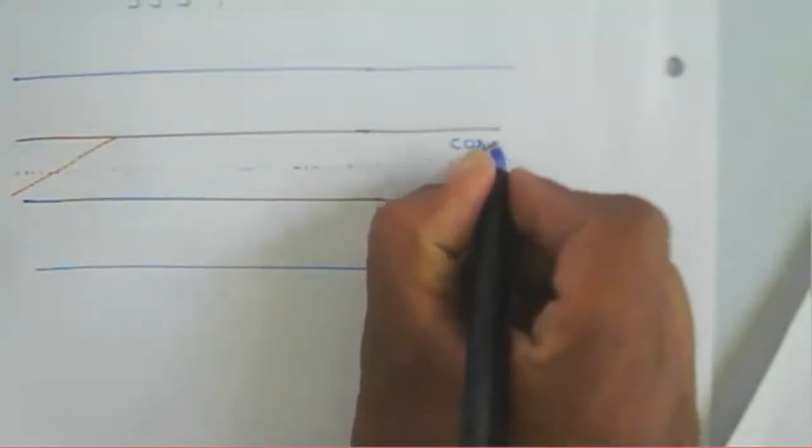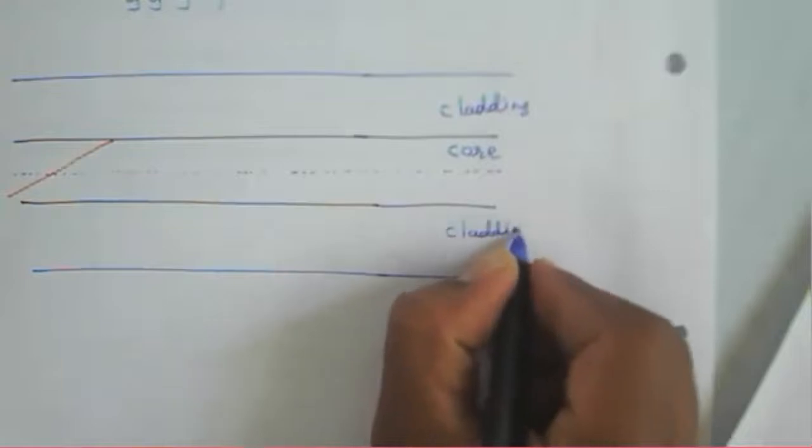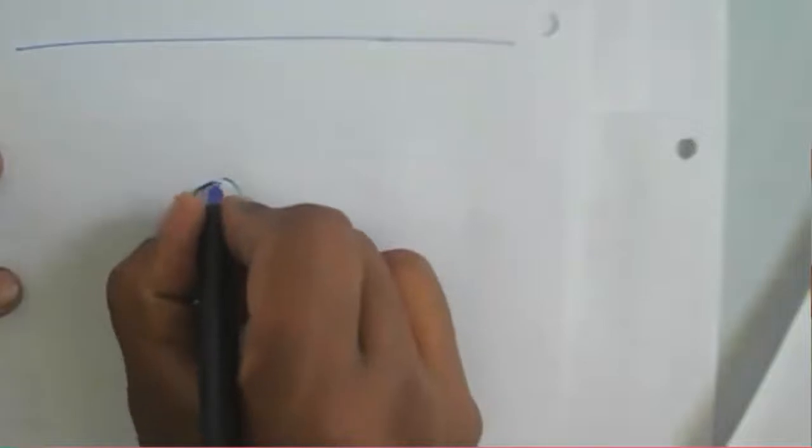Core has some particular axis. Now, if we have a perfect fiber, then your light rays are propagating. This is the core, and this is the cladding.